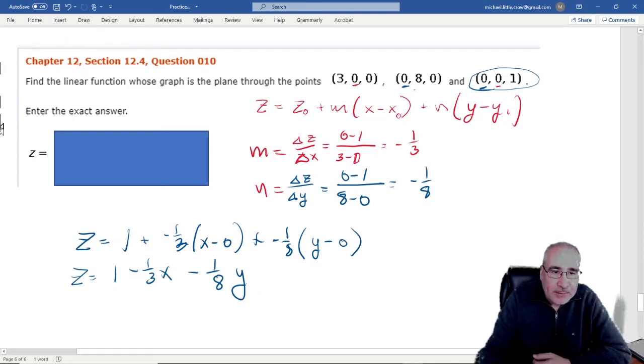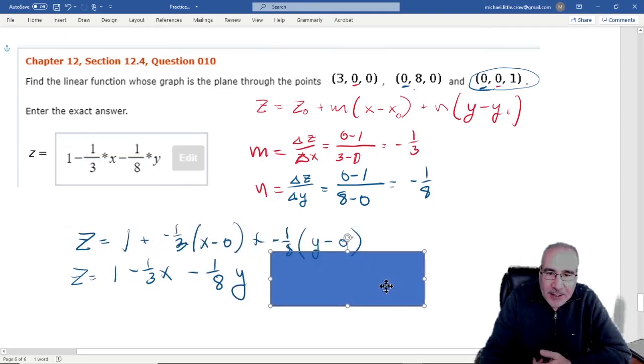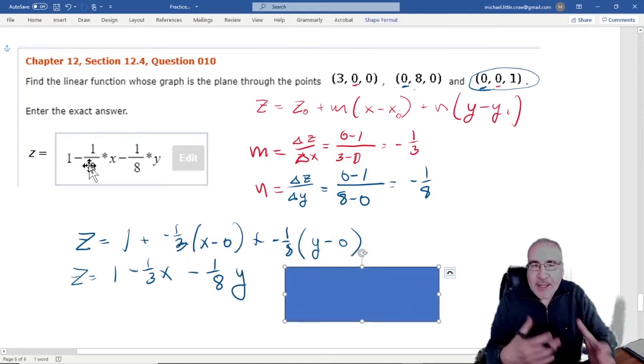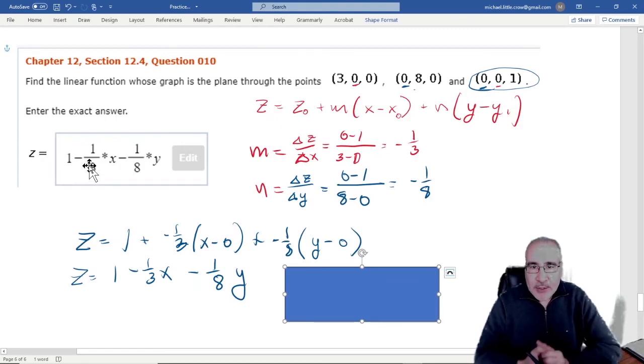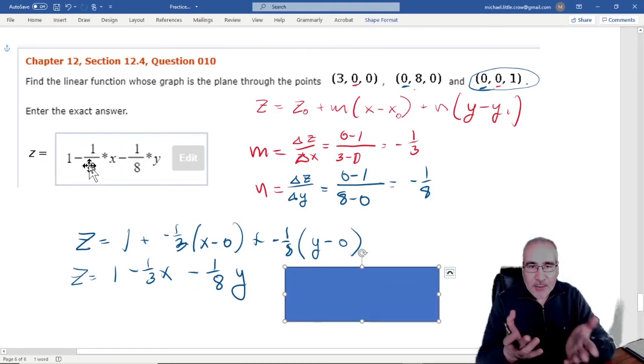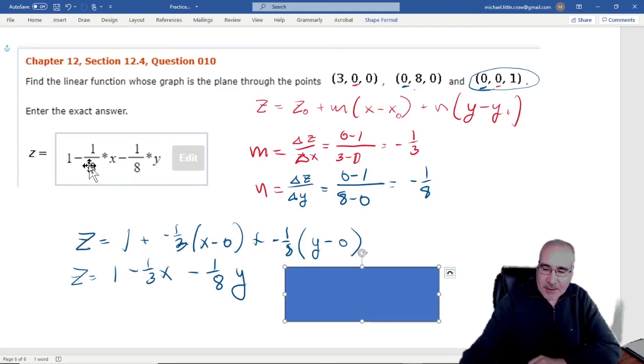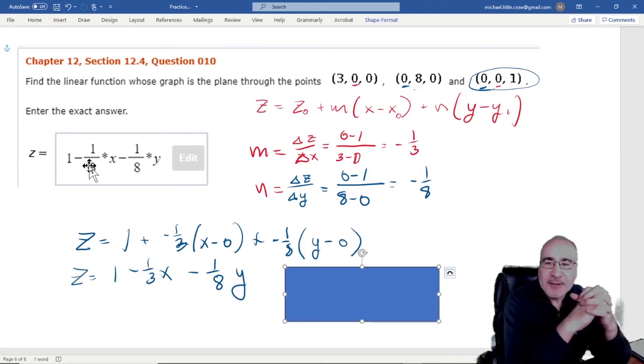That's our formula. Hopefully it's what we got. Looks pretty good. That's how you can find the equation of a line when you've got 3 dimensions, the linear function from 3-dimensional stuff going on.